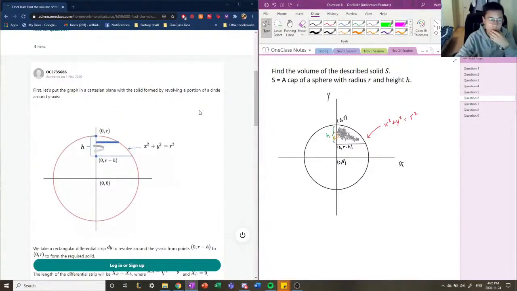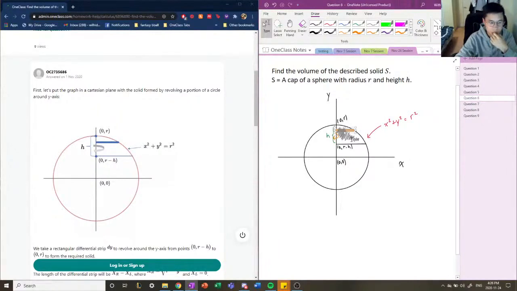A rule of thumb when deciding between the disk method or the shell method is that you should always describe what you have as a differential strip. In this case, our differential strip is perpendicular to our axis of rotation, so we're going to use our disk method here.